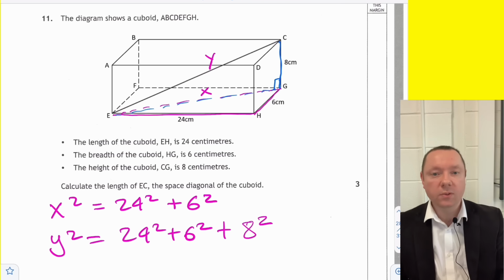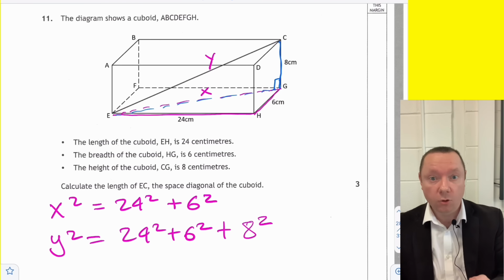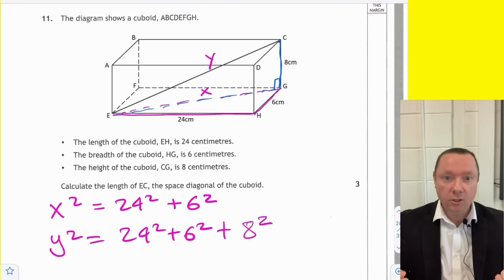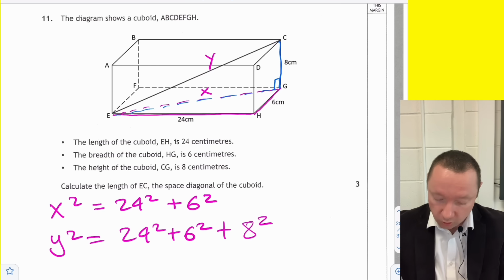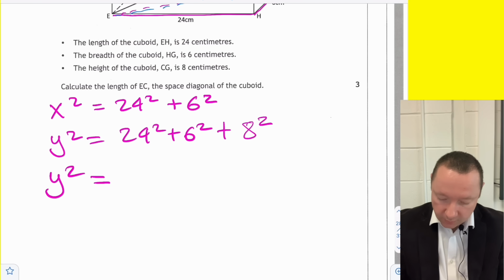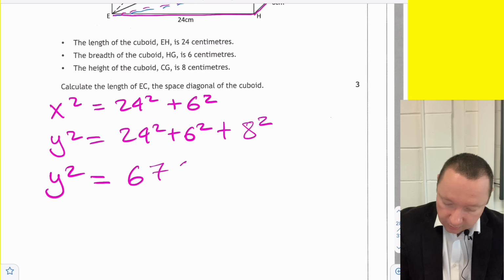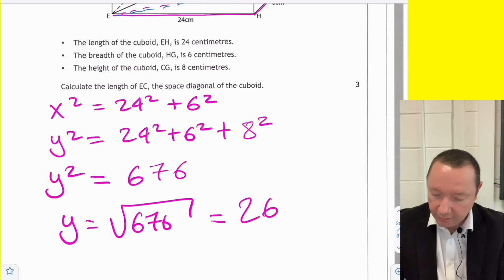So it's just all of them added together squared. Okay, now you can do that in bits, 24 squared plus 6 squared, then square root it, then square it again and start again, or you can just do it all in one like I'm doing. So I get my y squared straight away. That gives me 676. So y is the square root of 676, which is exactly 26 centimetres.